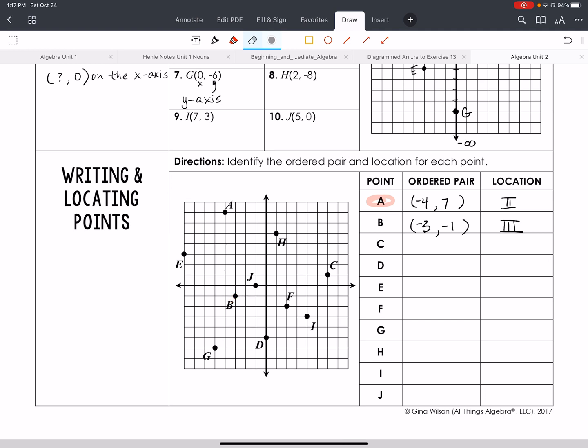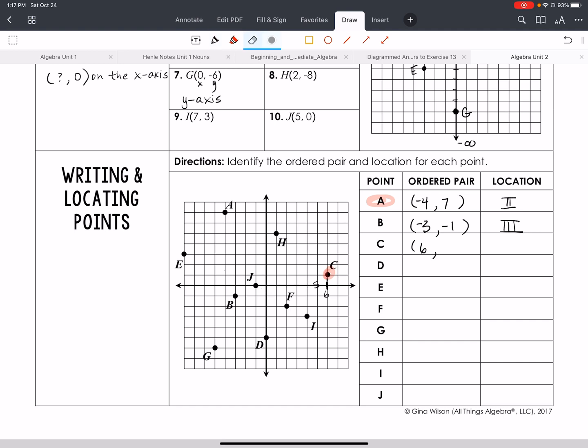Looking at point C, it's right here. We are going to use our eyeball and trace down and see it's right here on my X number line. You're going to have to count out. 0 is my origin. 1, 2, 3, 4, 5. This is at 6. So the first part, my X coordinate, is 6.